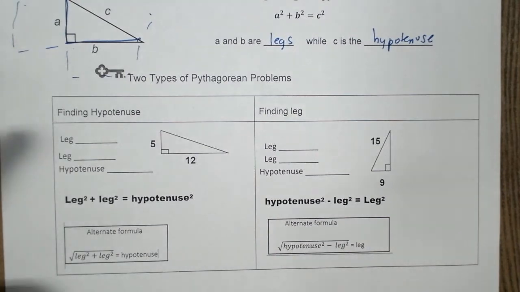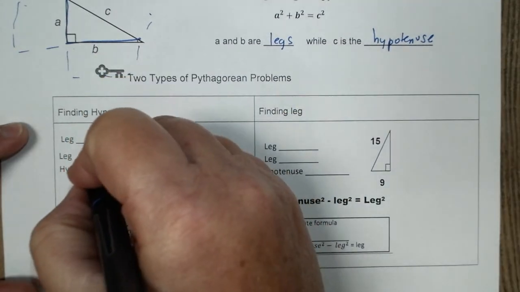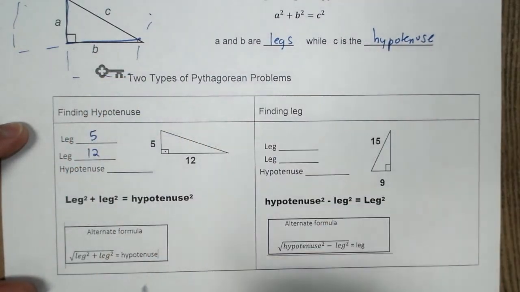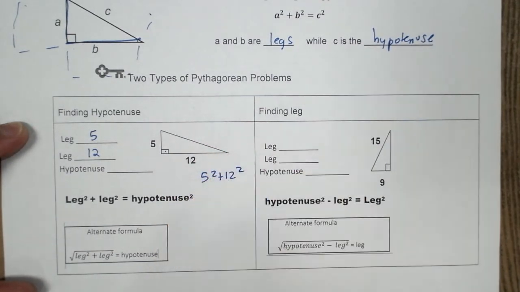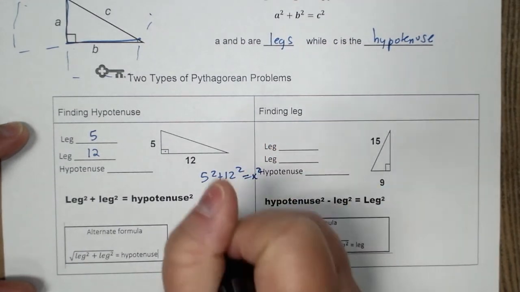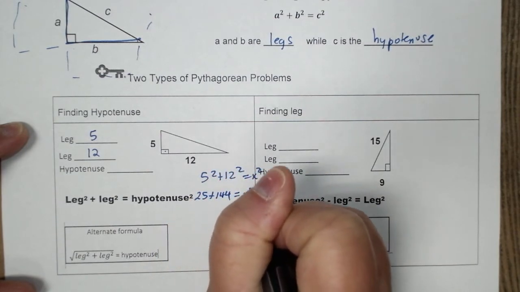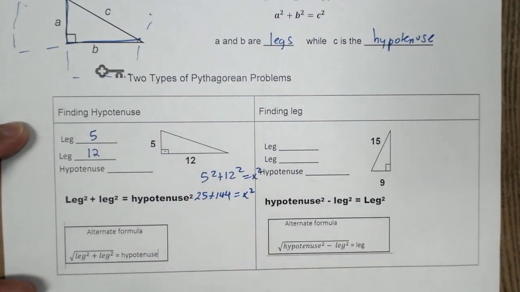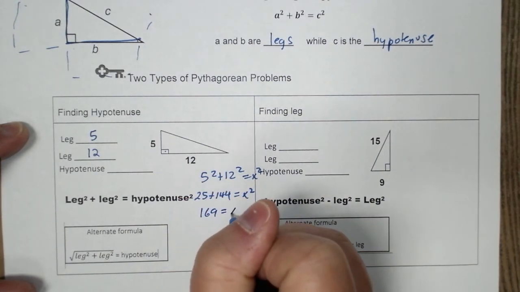I'm going to identify my legs. Here's my right angle. One of my legs is 5, one of them is 12, and I have to find the hypotenuse. So to do the math, I'm going to do 5 squared plus 12 squared equals x squared. 25 plus 144 equals x squared. 169 equals x squared.